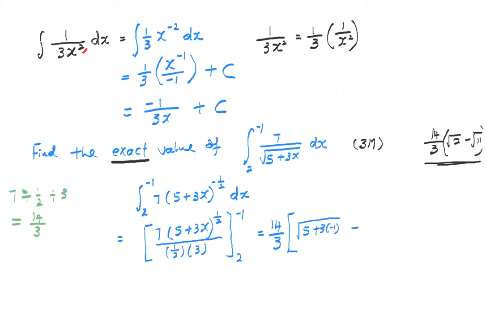Take away, substitute with 2. So you got another 1 mark here. 14 over 3, take out your calculator, 5 plus 3 times negative 1, your calculator gives you root 2. You don't have to use your brain to do all this calculation. That's it.